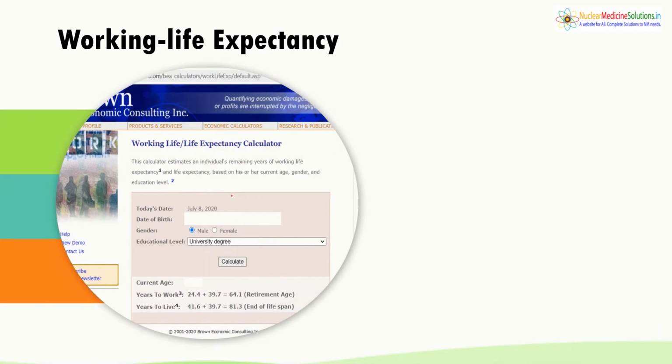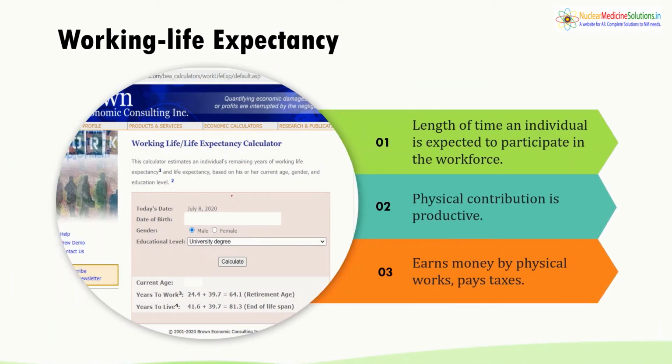The working life expectancy concept is based on the length of time an individual is expected to participate in the workforce, where they physically contribute to productivity, earn money by physical work, pay taxes, and contribute to the economy. So it is a loss to the state and a loss to the individual, and that is why working life expectancy comes into the picture.